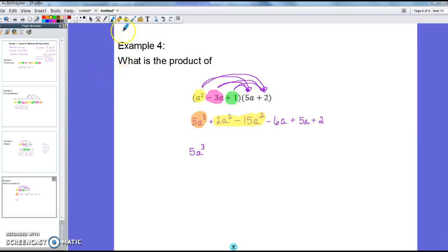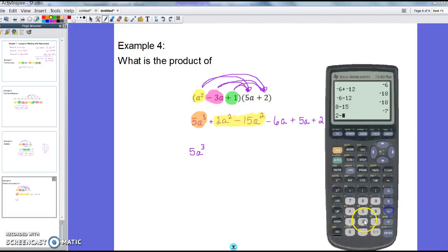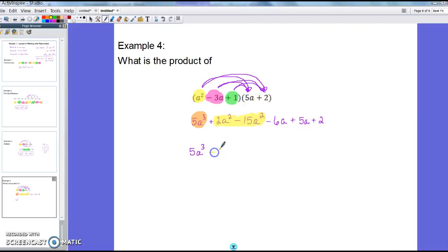Those are my like terms. So I have 2 minus 15. You can check that in your calculator. 2 minus 15, that's going to give you negative 13. So that's going to be negative 13a squared.